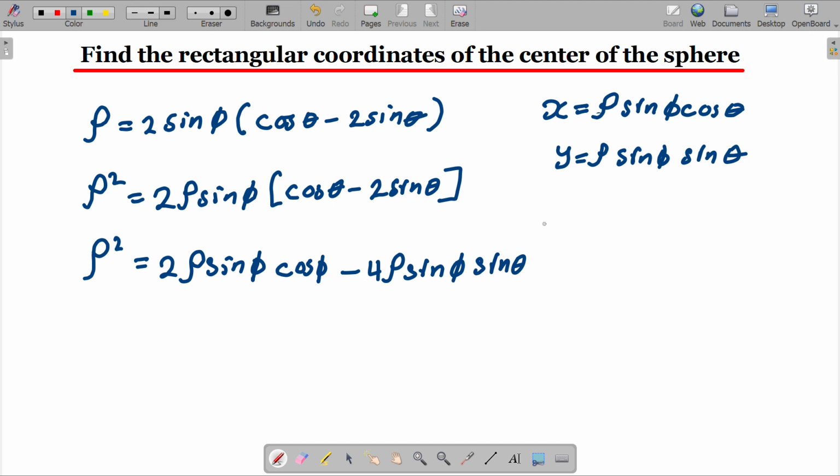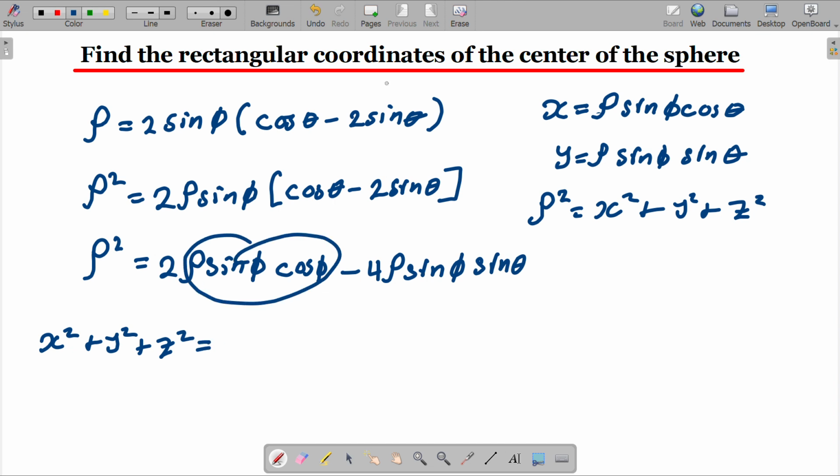Then for rho itself, rho is the square root of x squared plus y squared plus z squared, which simply means rho squared equals x squared plus y squared plus z squared. So on this side you're going to have x squared plus y squared plus z squared equals, for this portion here, that is simply x, so 2x, minus 4, that would be 4y actually, because this is y.